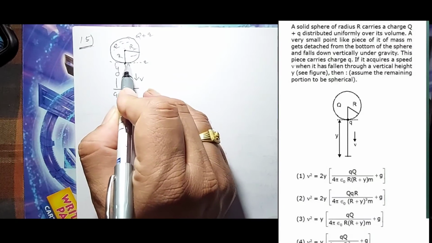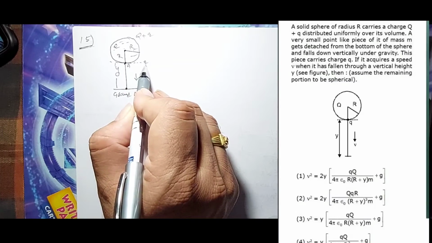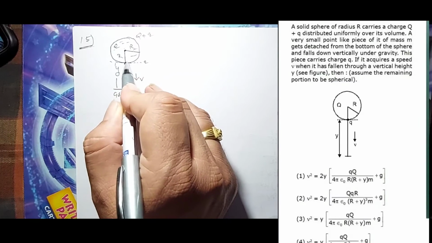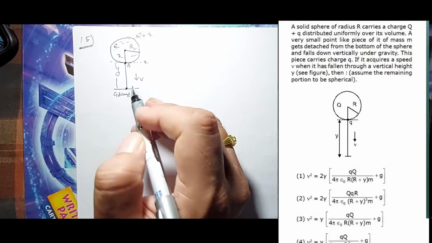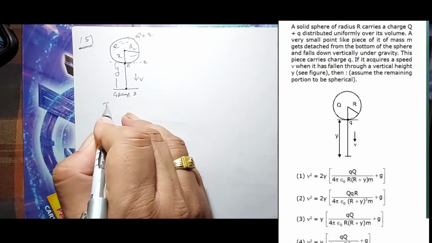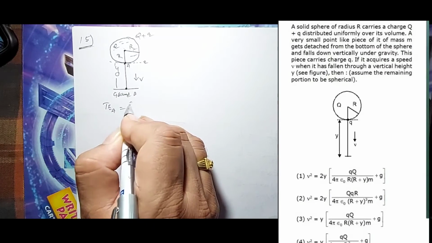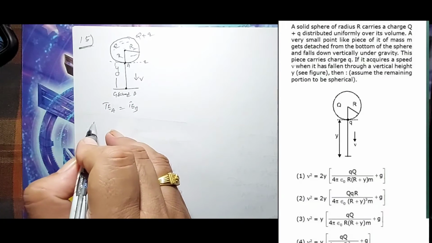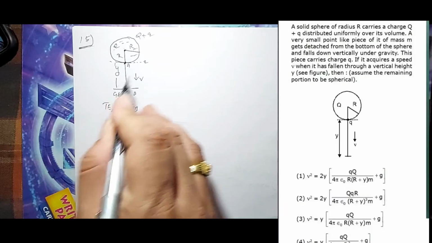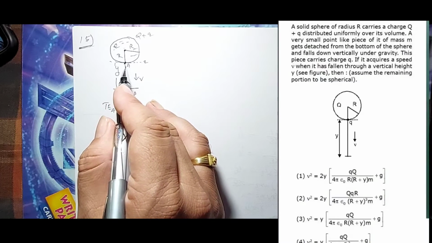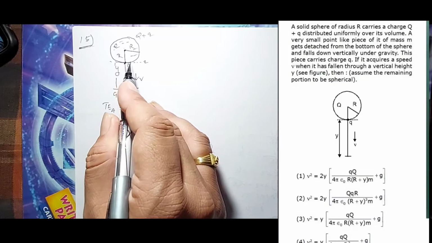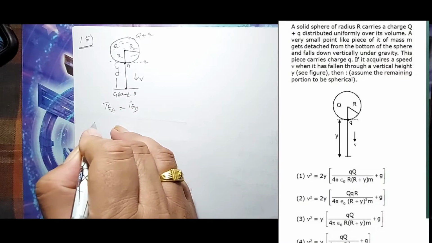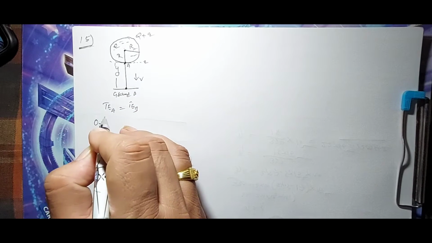From energy conservation we solve this problem. This is a small charged particle q that gets detached from the solid sphere and falls down. So total energy at A is equal to total energy at B. Total energy at A is potential energy plus kinetic energy. It has no kinetic energy initially.